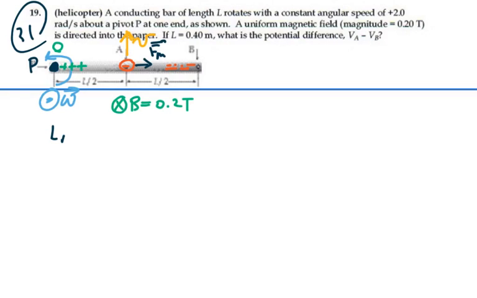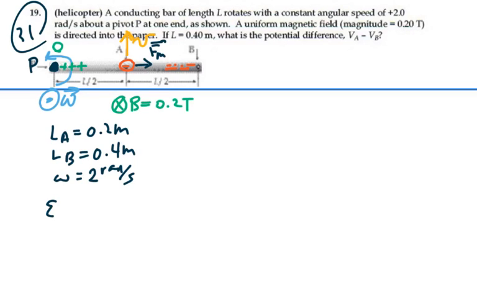The length at point A is going to be half the length of the whole rod, which is 0.2 meters. The length at point B is going to be 0.4 meters. Our angular velocity is conveniently given as 2 radians per second. In general, the magnitude of the voltage is equal to the magnetic field times omega times length squared, divided by 2.